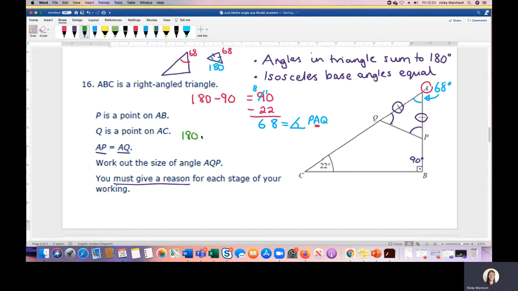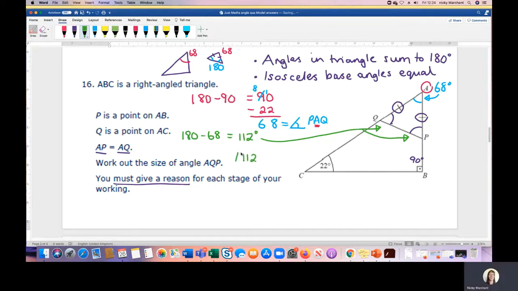Subtract that 68, that angle at the top corner in A, and we get 112. Okay, so we've now got 112 left as a balance to share out between the angle at Q and the angle at P. So we need to do 112 divided by 2.